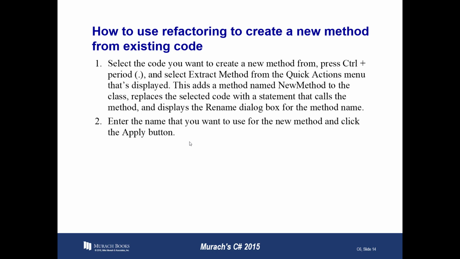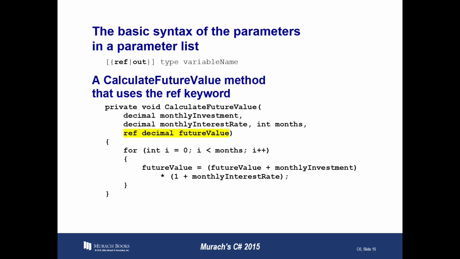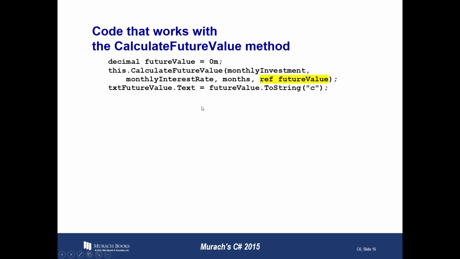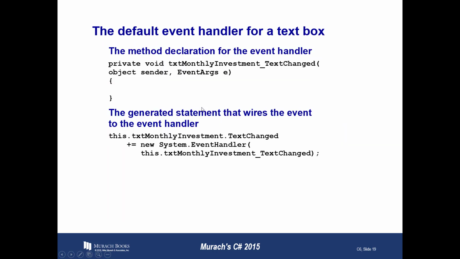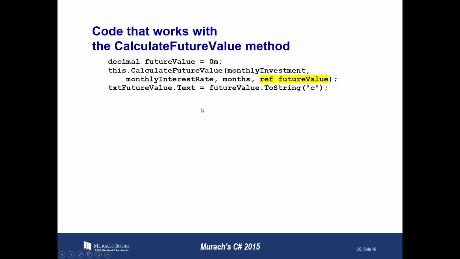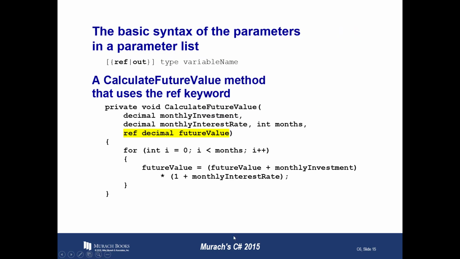Learn the right way of doing things. Learn what's happening underneath the hood, so to speak, and then use the shortcuts if they're available to you. Let's come back in just a minute. We'll talk about using ref, and there might be the word out in here also. I don't know, but we'll talk about that in just a couple minutes.